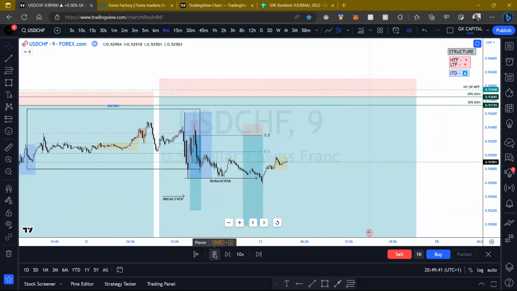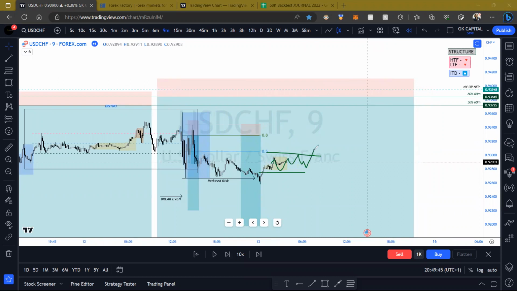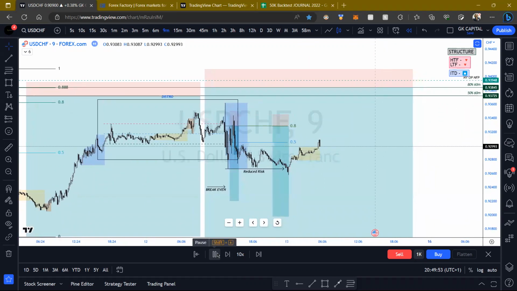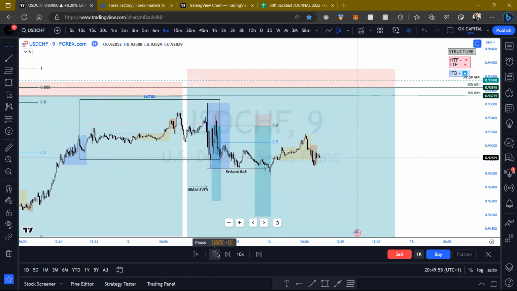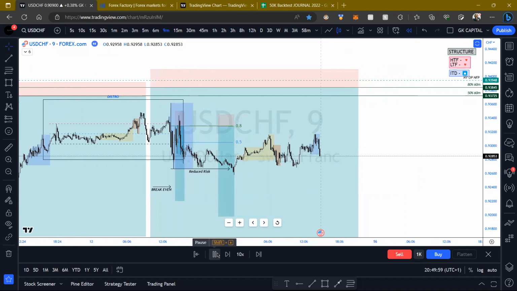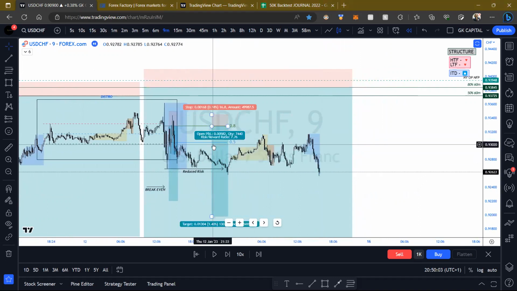So let's see. This is Asian, and I quite like it because we can get that Asian consolidation, pop at Frankfurt open, and then something like that. Give us a little something. No, okay.